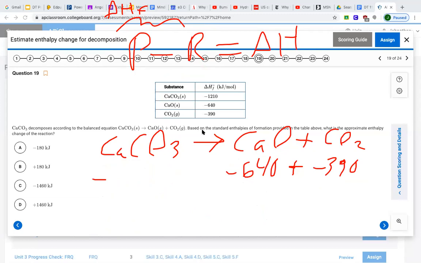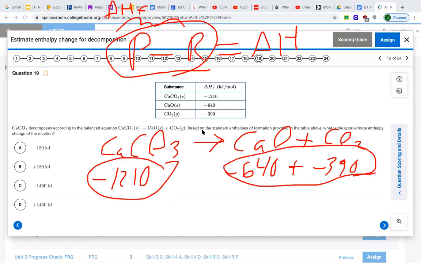Okay. And then the heat of formation of calcium carbonate is negative 1210 kilojoules per mole. And so we have to remember, for these problems, we subtract the reactants from the products to get our overall change in enthalpy, which makes sense because enthalpies of formation are the heat required to form these things, just like a reaction forms something. So we should have products minus reactants.